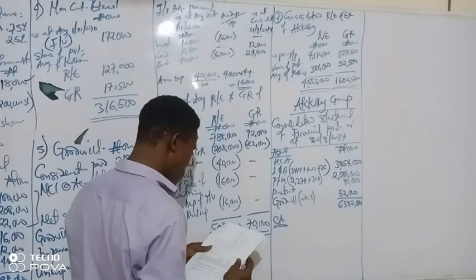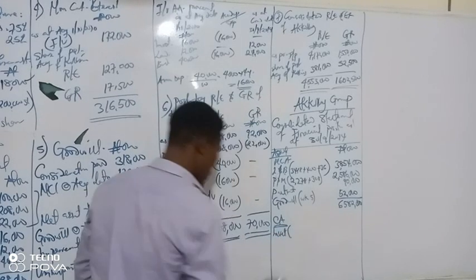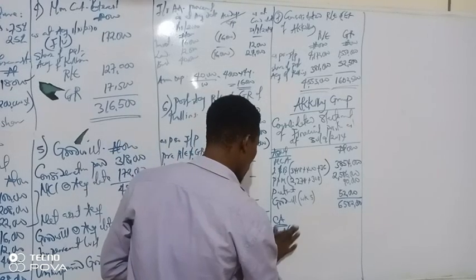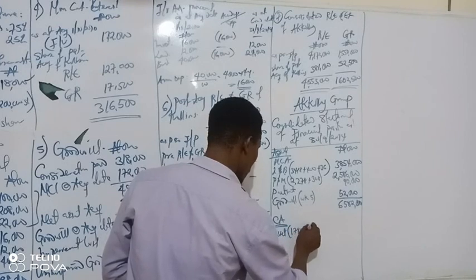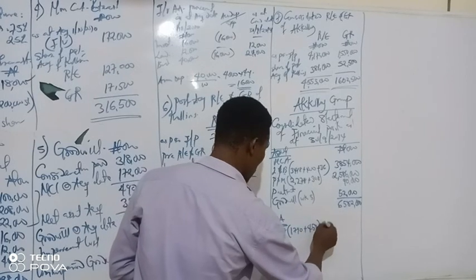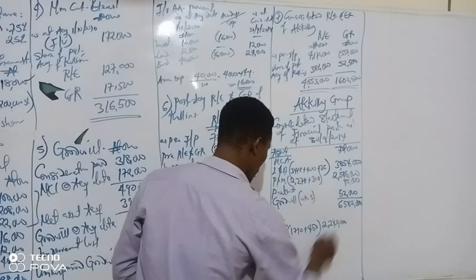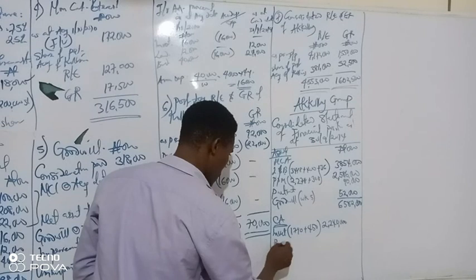Then our current assets now. Number one is our inventory, right? 1,790 plus 450, that is 2,240,000. Followed by receivables.